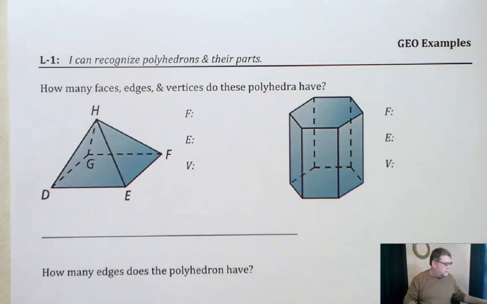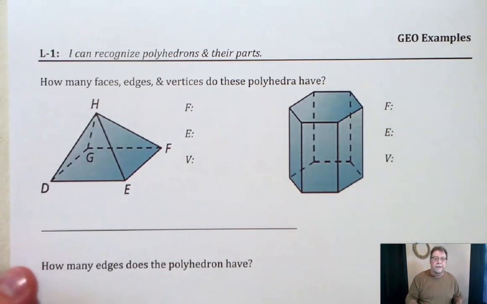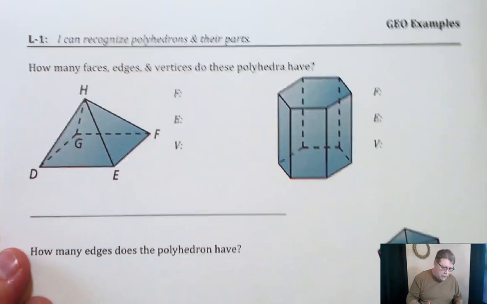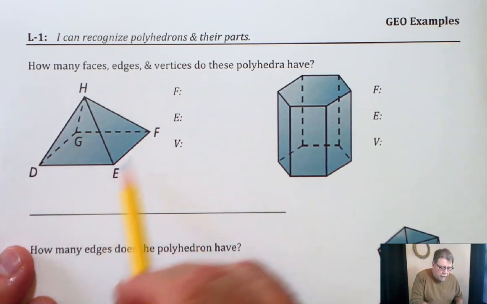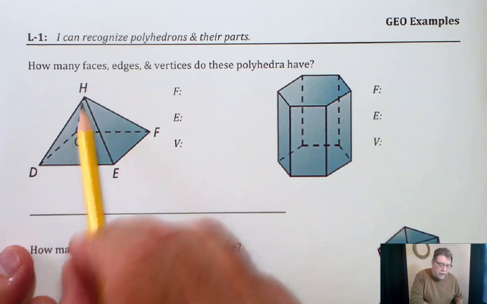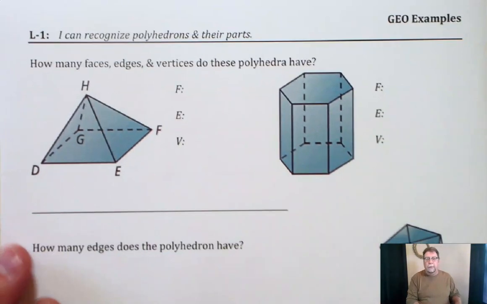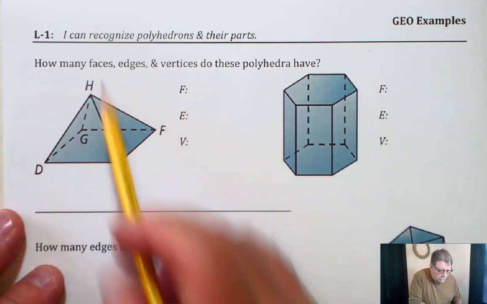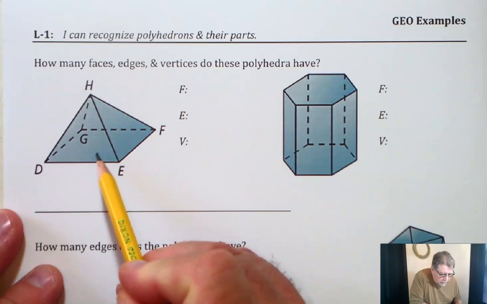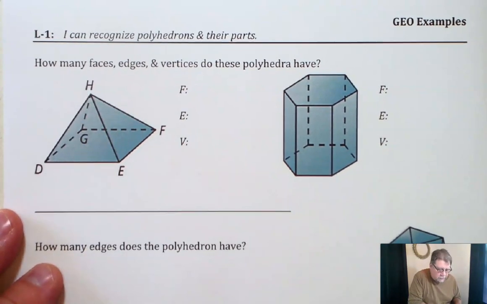How many faces, how many edges, and how many vertices do these polyhedra have? If we look at this first one, this is a pyramid. It's got one base, and it's got a vertex at the top. That's what we will talk about when we talk about the definition of a pyramid later on. The number of faces would be the bottom, and then 1, 2, 3, 4 sides.